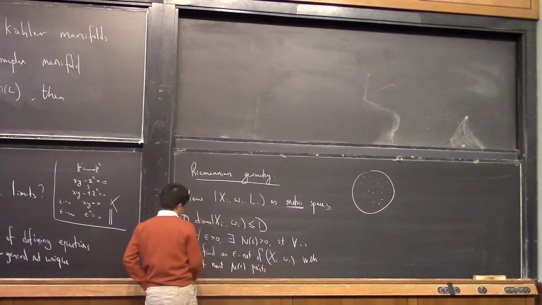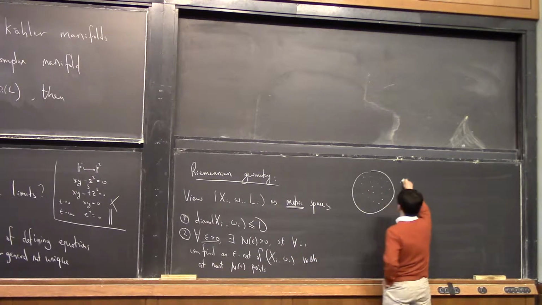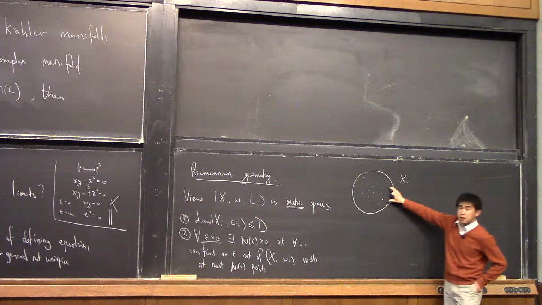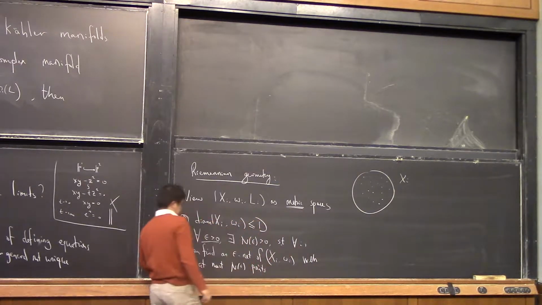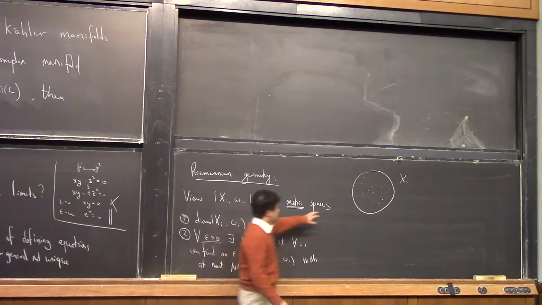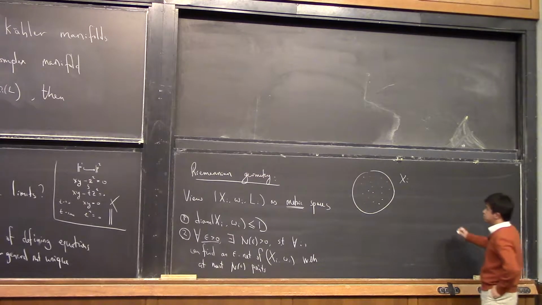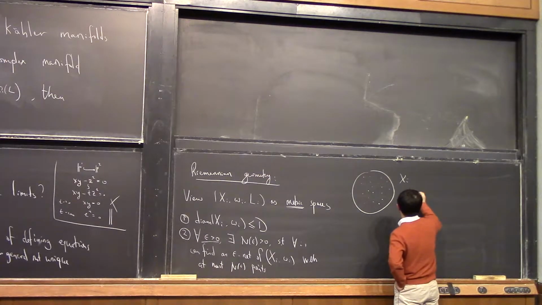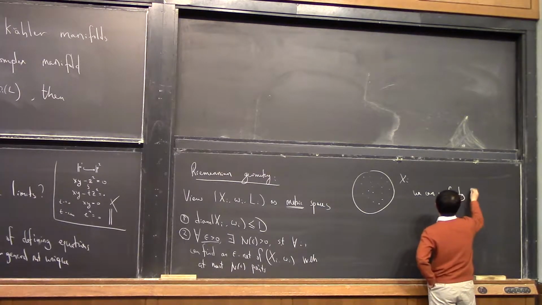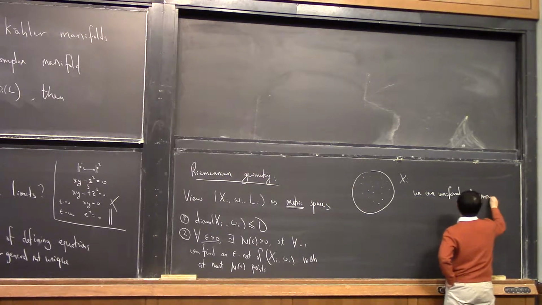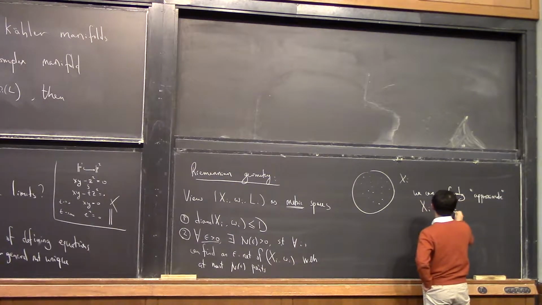So this says that for any epsilon we can uniformly approximate our Xi by a discrete set of points with a fixed number of points.